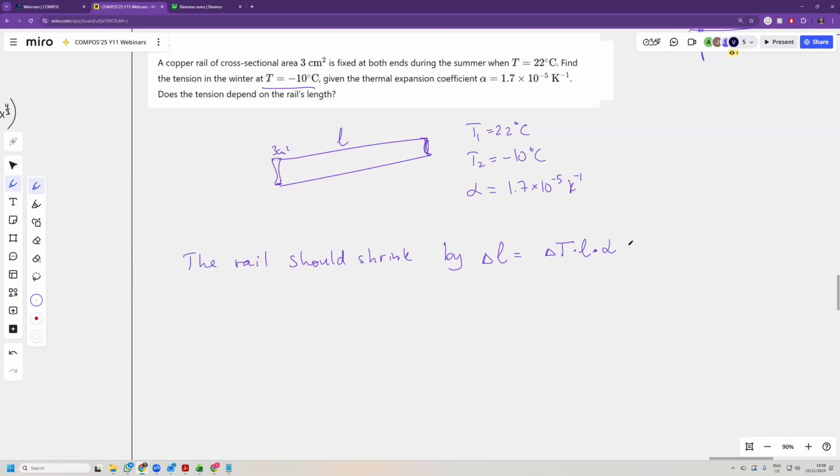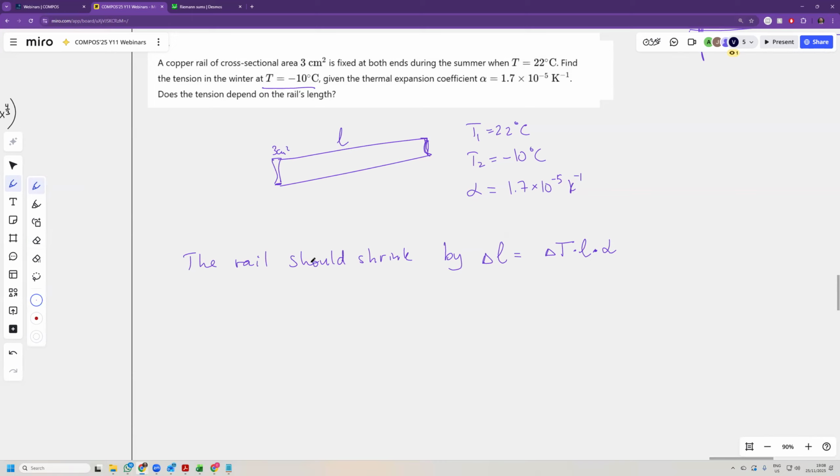The change in temperature is 32 degrees, 32 Kelvin, multiplied by the original length L multiplied by 1.7 times... Oh, you know what? I'm going to leave it like this. I won't use any numbers yet. This rail should shrink by delta L.